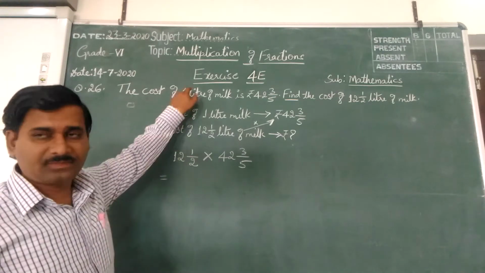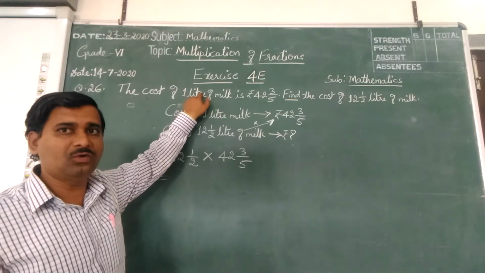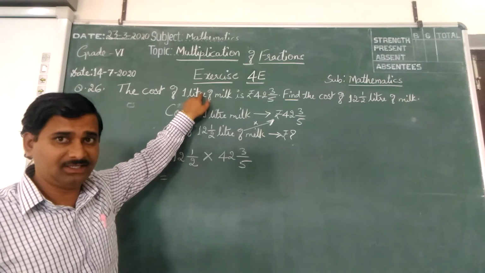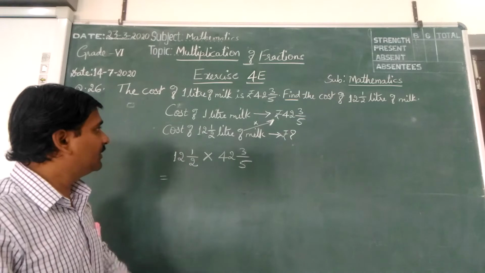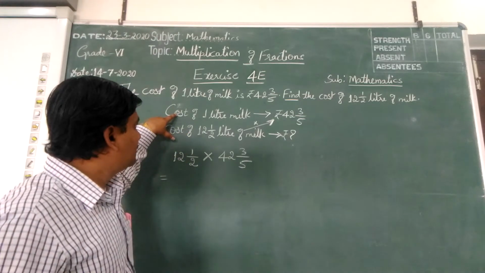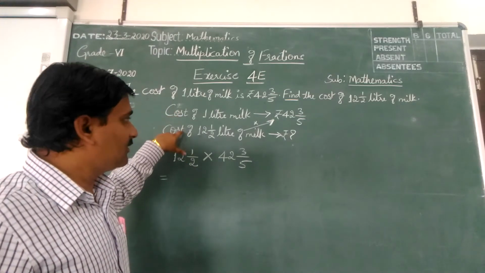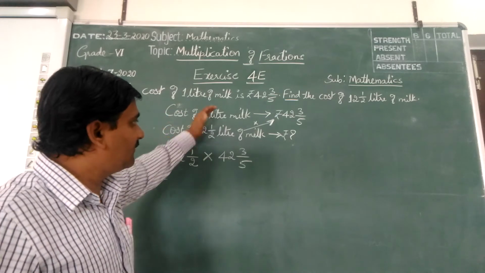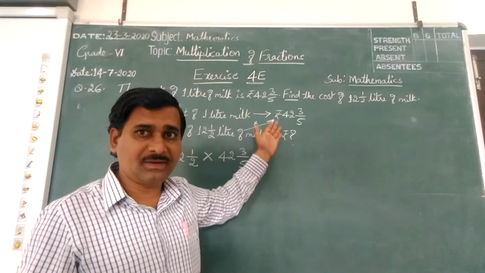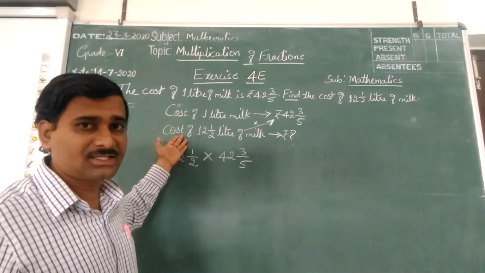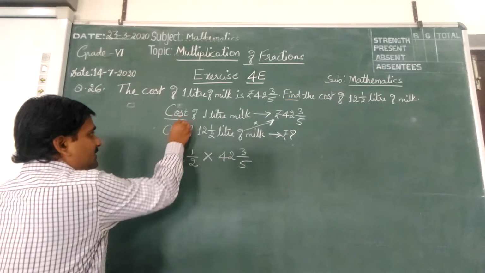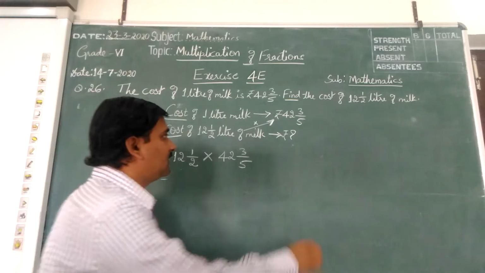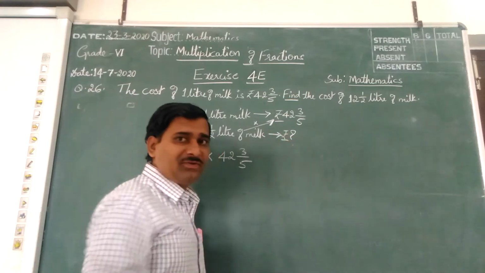This is actually a question of multiplication, but to know how it is to be multiplied or divided, we should write in this way, the unitary method. In the unitary method, the cost and cost should be on one side, and rupees and rupees, same units, should be on the same side.